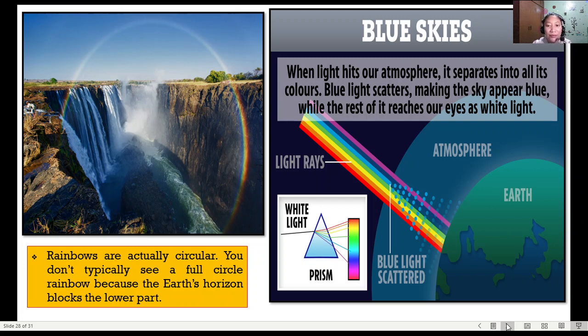While the rest of it, yung red, orange, yellow, green, indigo, violet, yan yung 6, dire-diretso nagpapass through as white light. Ang nag-scatter lang yung blue. Kaya nakita natin siya as blue.